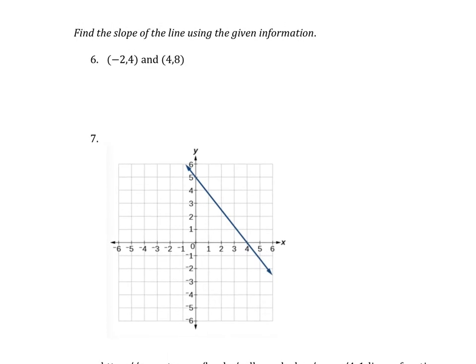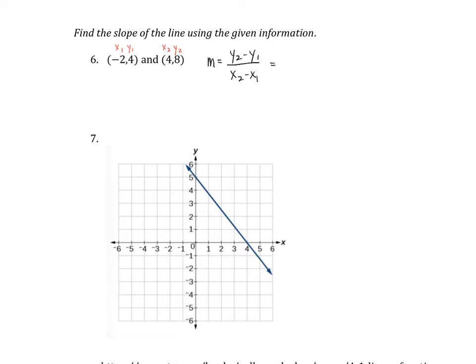All right, number 6, find the slope of the line using the given information. In this case, we're given 2 points, so we have a formula to find the slope. That is y2 minus y1 over x2 minus x1. It doesn't matter which one I call x1 or y1, so I'm going to label the first point as my 1's and the second point as my 2's.